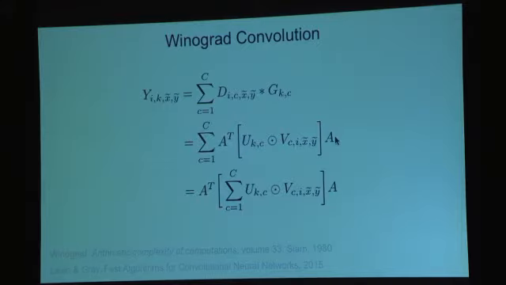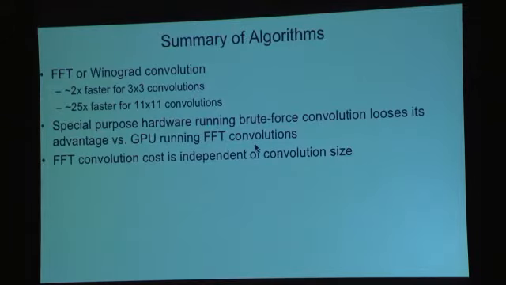And what it does is, again, you can amortize the cost of transforming the output image, and the cost of transforming the input image and the kernels, over the fact that you have many input channels and many output channels. And it basically reduces, again, this k-squared computation to do a convolution to a single real pointwise multiply, as opposed to the complex pointwise multiply for the FFT.